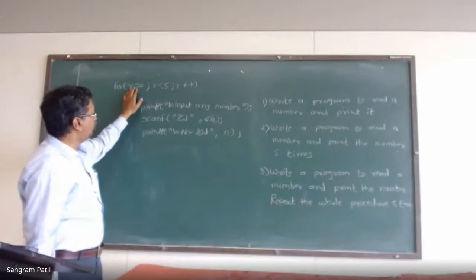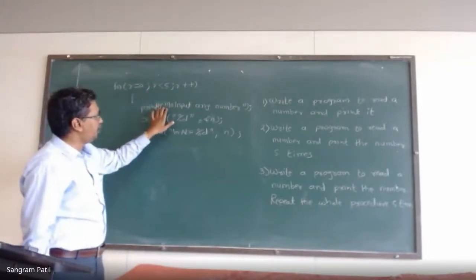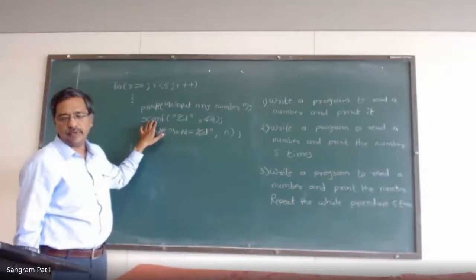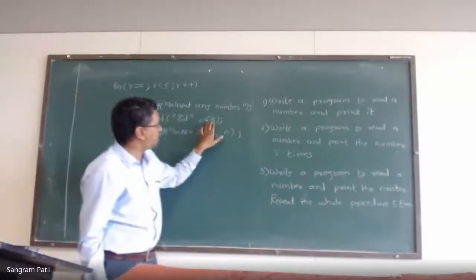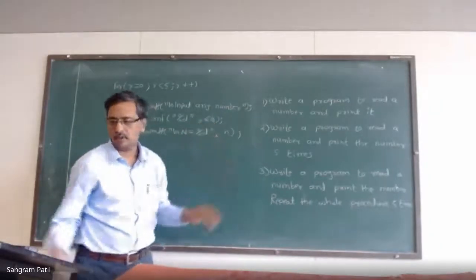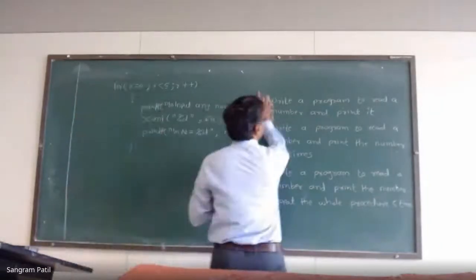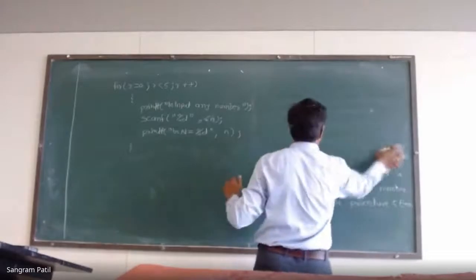Initially r is 0, less than 5. Yes, input any number. Scanf will give you a blinking cursor. You have to input a number, and the number you inputted is given to n. I will tell you how this program will be executed.